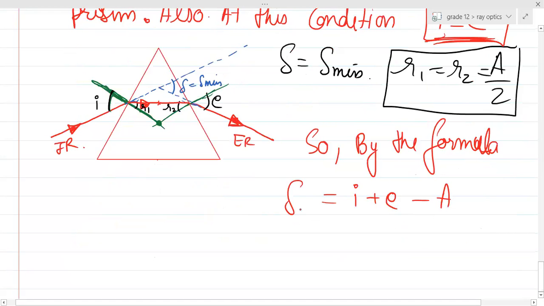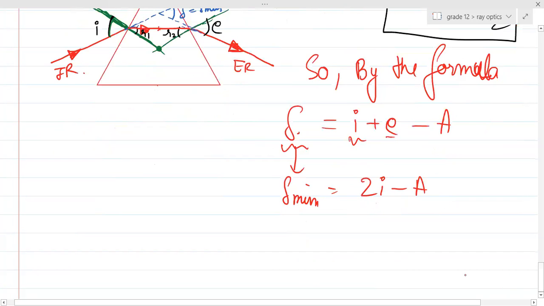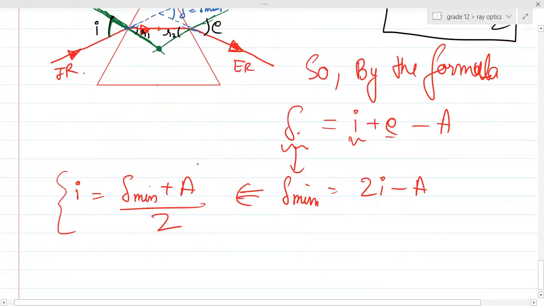So can I write from here, if delta is delta minimum, then I and E will be equal, I plus E will be twice of I minus E. Can I write it like this? Yes, sir. And from here, can I write I will be equal to delta minimum plus A by 2? Can I write it like this?